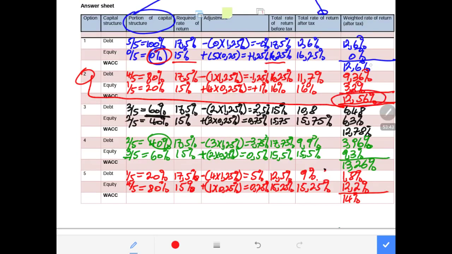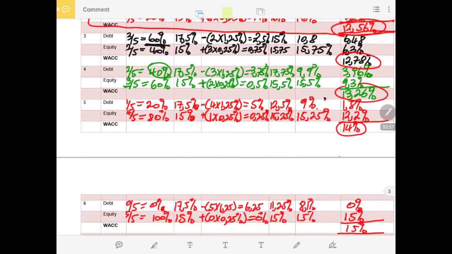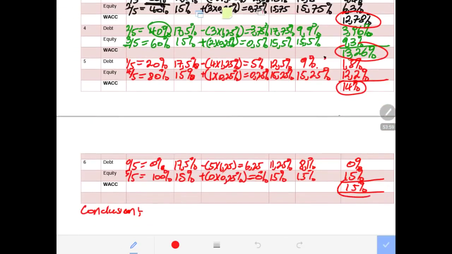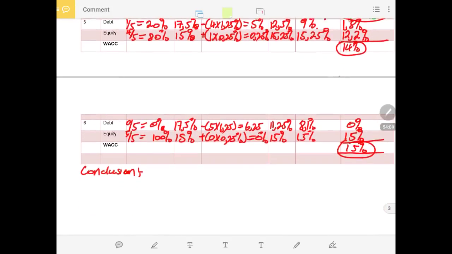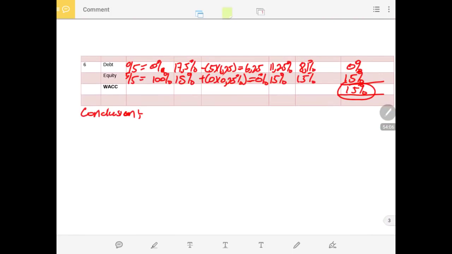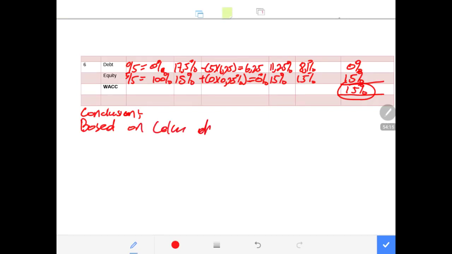You have 12.6%, which is high. We have 12.78, still high, 13 point something, that is still high, 14% still higher than 12.56, and 15% is very, very high. So the conclusion will be that option B is the best option to be used. Then you can just have your conclusion there based on calculation above.